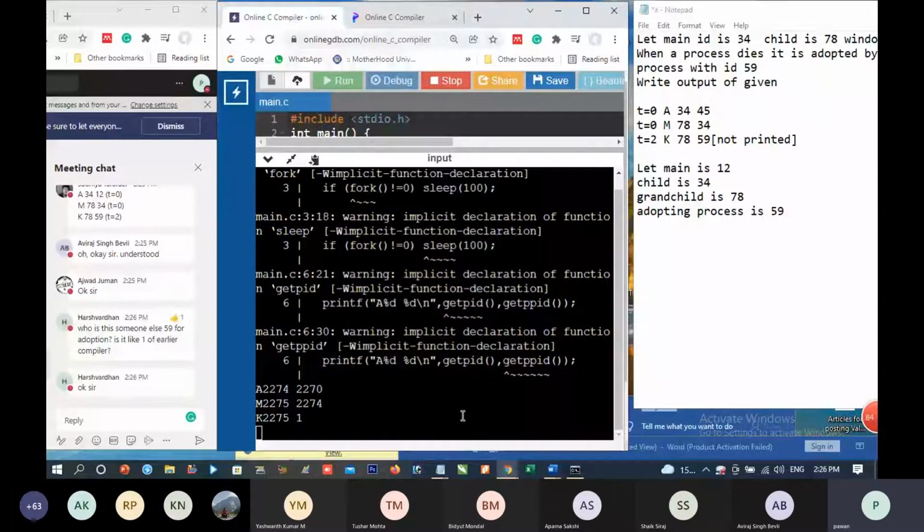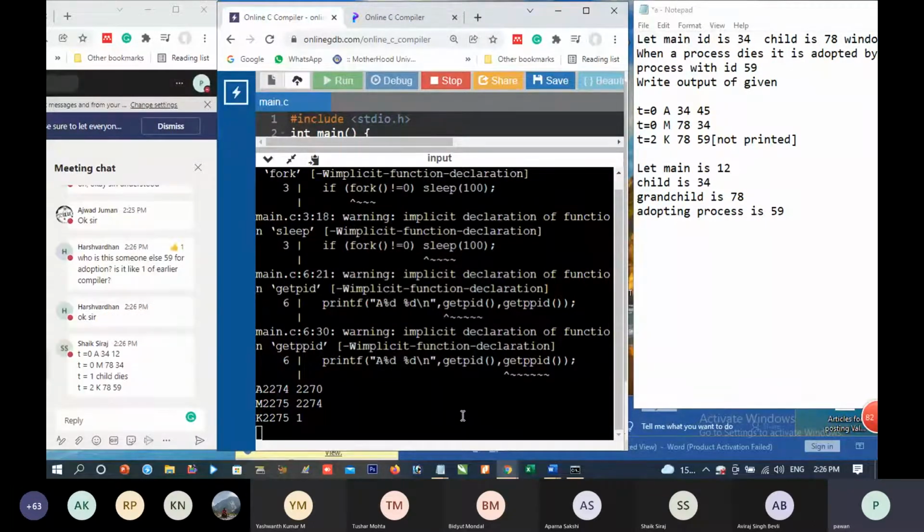Any more doubt? And every person should see it on the GDB editor. Few programs don't execute on the program Z editor, but they execute on the GDB editor. Siraj, you are fully correct. Now you execute it on the GDB editor. Every person should execute it on the GDB editor.